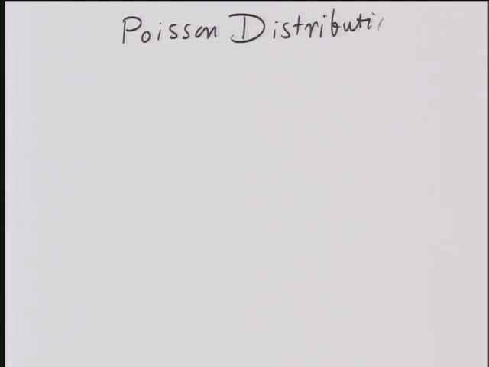Now, the Poisson distribution is either very confusing or really easy. Hopefully, you'll find it really easy. Okay, so let's see if we can make it appear to be really easy.